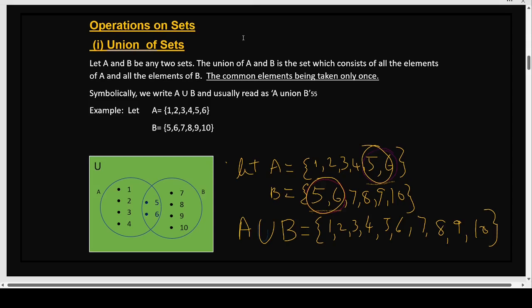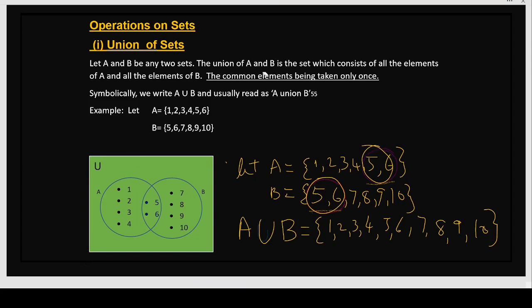Now we'll see some operations on sets. The first one is the union of sets. Let A and B be any two sets. Here A is one set, a circle, and B is another set. Both are subsets of this universal set.